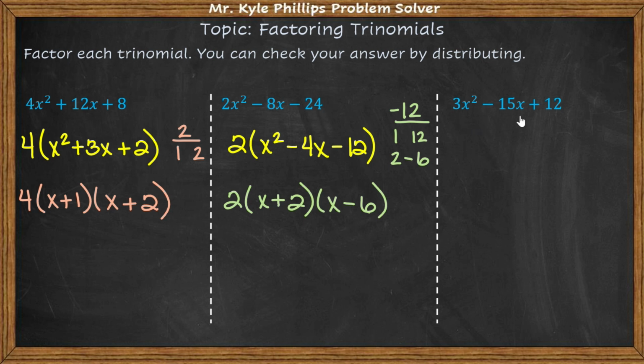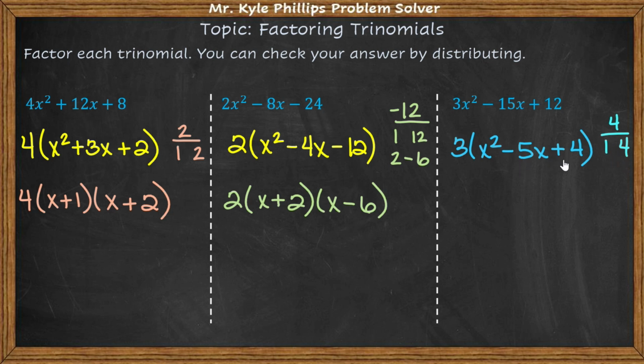All right. Here on my last one, I can factor out a 3. That leaves me with x squared minus 5x plus 4. So my last number here is 4, and I'm looking at the multiples of 4, 1 and 4. Can I combine these in any way to get 5? Yes.